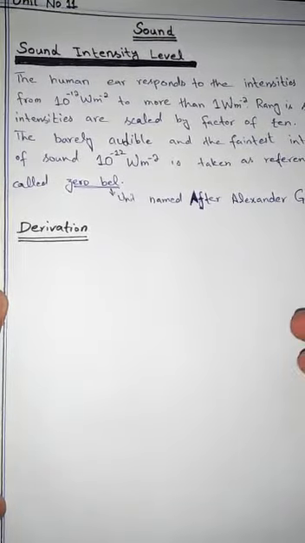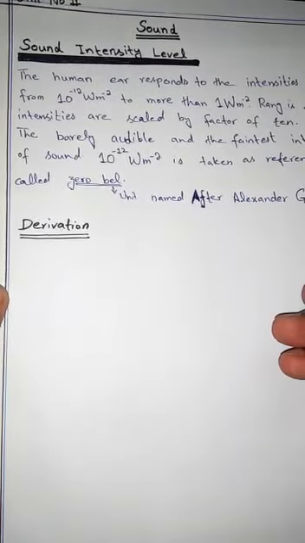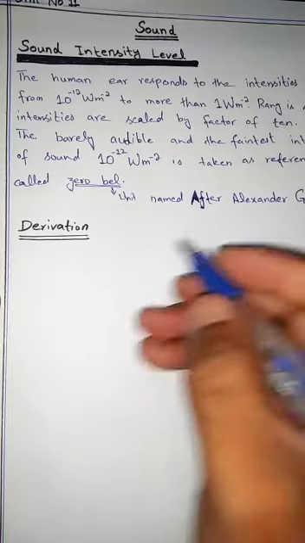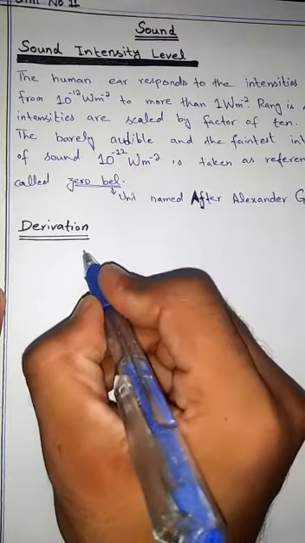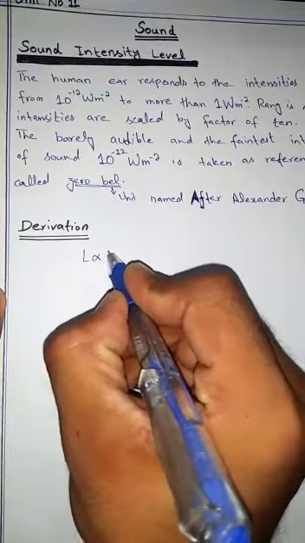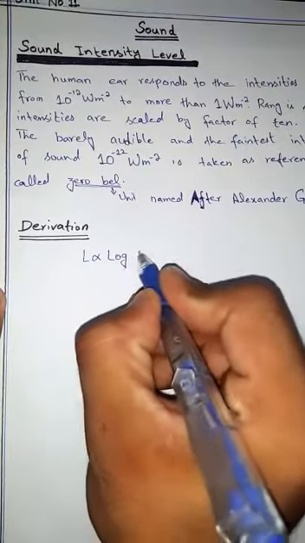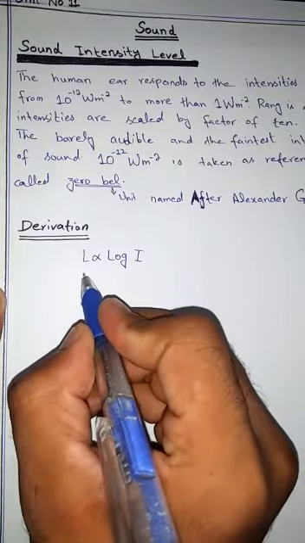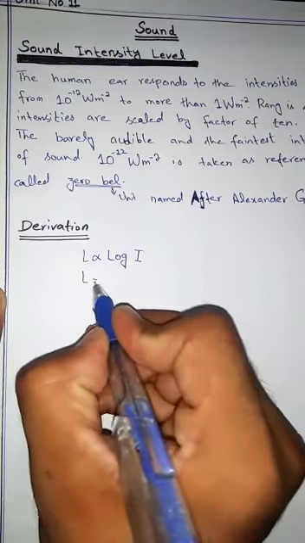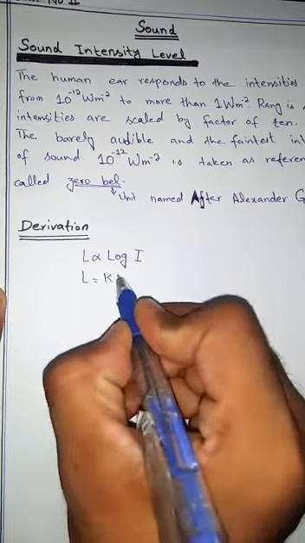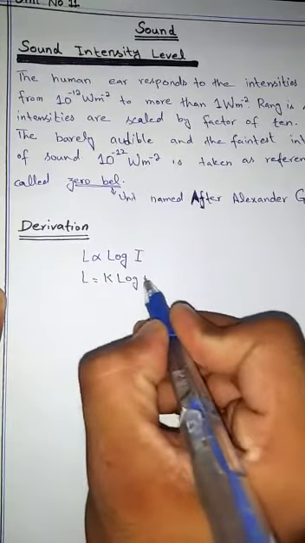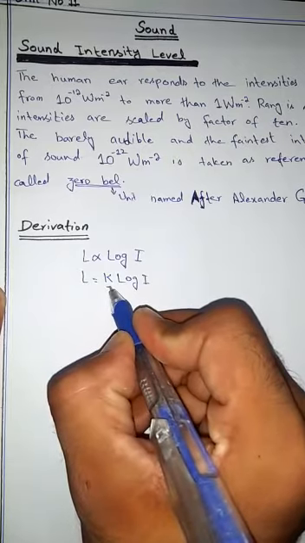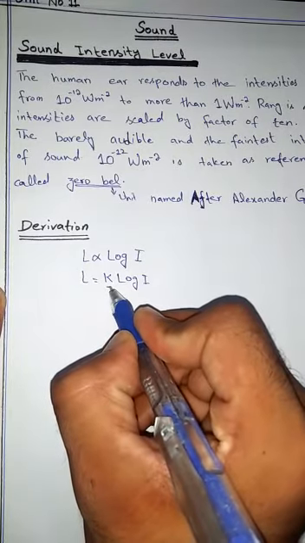The loudness L of the sound is directly proportional to the logarithm of intensity. So we can write L is directly proportional to log I. The proportionality sign will be replaced by a constant, so L = k log I, where k is the constant of proportionality.